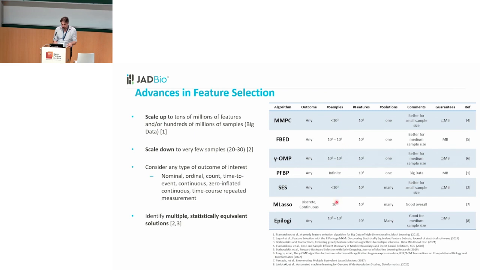Here are my recommendations on when to use each algorithm in terms of how many samples you have. Some are designed for very low sample size. The heuristics they use don't create big intermediate models that require a lot of samples. Then the number of features they can extend to, and the theoretical properties, meaning do they always return, under some conditions, the optimal solution, the Markov boundary, or a subset or a superset and things like that.